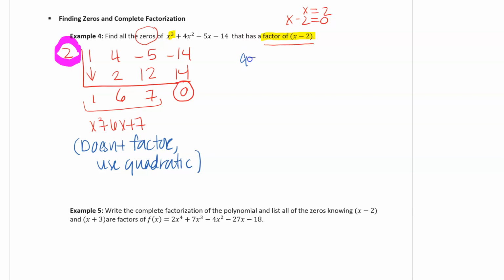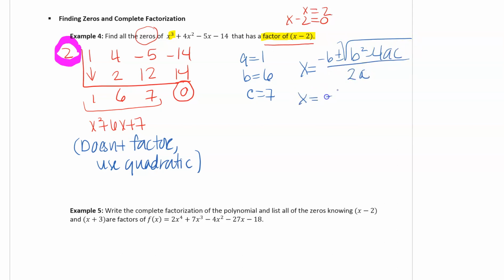So let's see, my a is equal to 1, b is equal to 6, and c is equal to 7. So I'm going to say x is equal to -b plus or minus the square root of b squared minus 4ac all over 2a. I'm going to plug it in. That gives me -6 plus or minus the square root of 6 squared minus 4 times 1 times 7, all over 2 times 1.